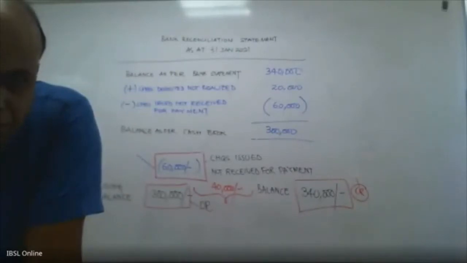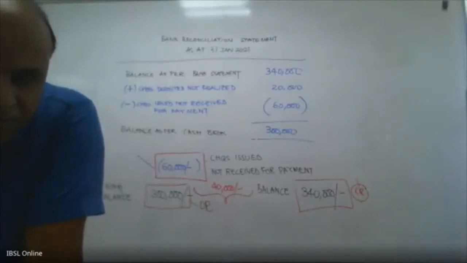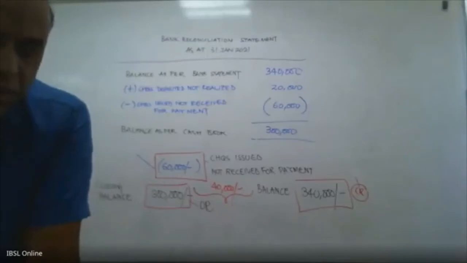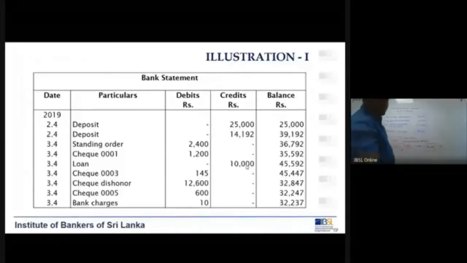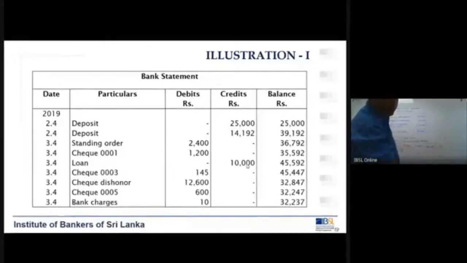So this is the specimen, as I told you. And then there is a question. I want you all to do this. I'll explain it in the next class, but those who can do it, just give it a try. And there is another question also after that.